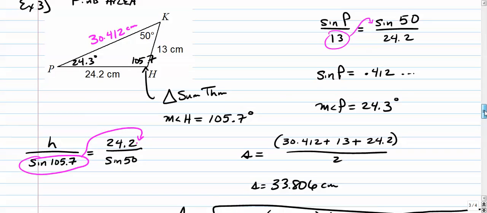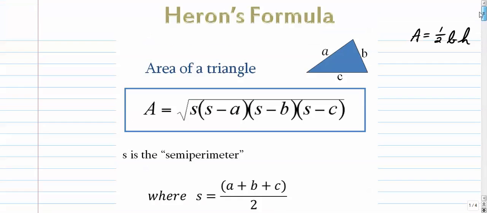But we use this formula anytime that we are looking to find the area of any triangle, provided that we know or we can find the lengths of any of the sides. So it's pretty useful. If you know it, it'll definitely save time on a test. If you don't know it, you might be able to get by with doing some other stuff, but it's definitely one of those useful tools to have on your side.